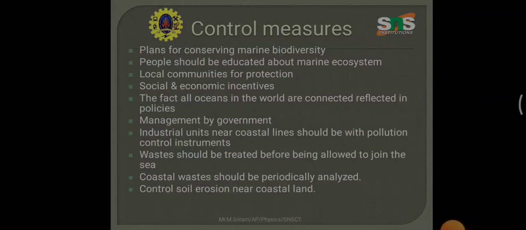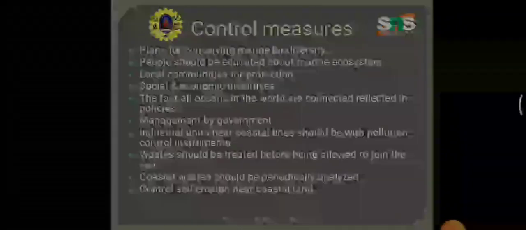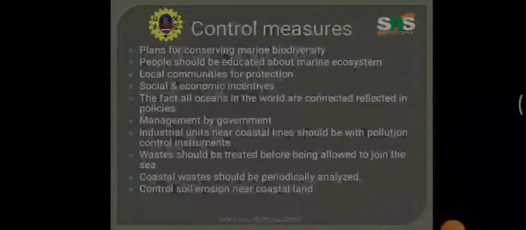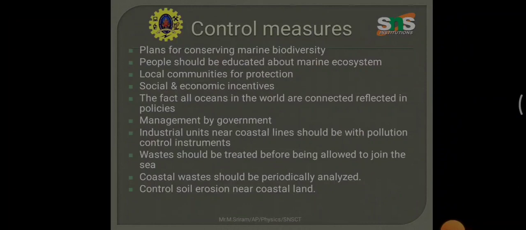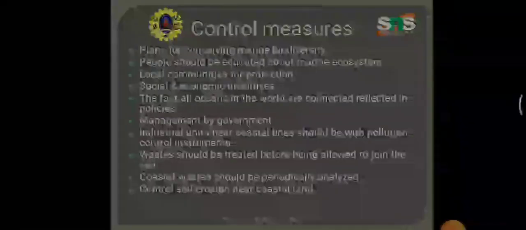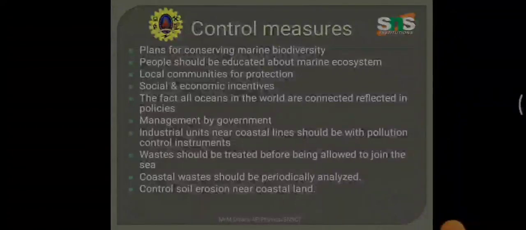Local communities must be involved in protecting and managing their coastal resources. Social and economic incentives must be offered for conserving and sustainably using marine resources. The fact that all the oceans in the world are connected must be reflected in the policies. Governments must manage their own waters while extending cooperation to neighboring states.